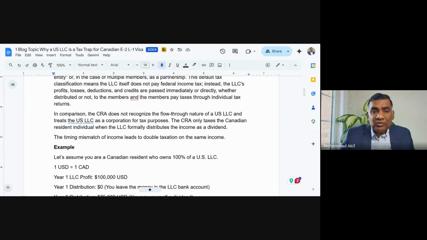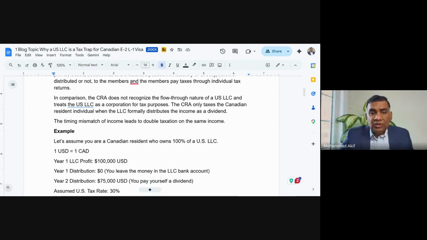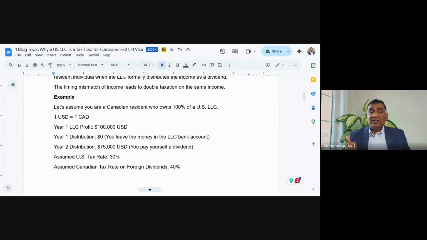So let's go through one of the examples. Let's assume $1 US is equal to $1 Canadian. I wish it was back in 2011 or so, when the Canadian dollar was equal to the US dollar, but for this example, we're going to take it as equal. So the LLC profit the first year is 100,000. Scenario one: the LLC distributes 0.